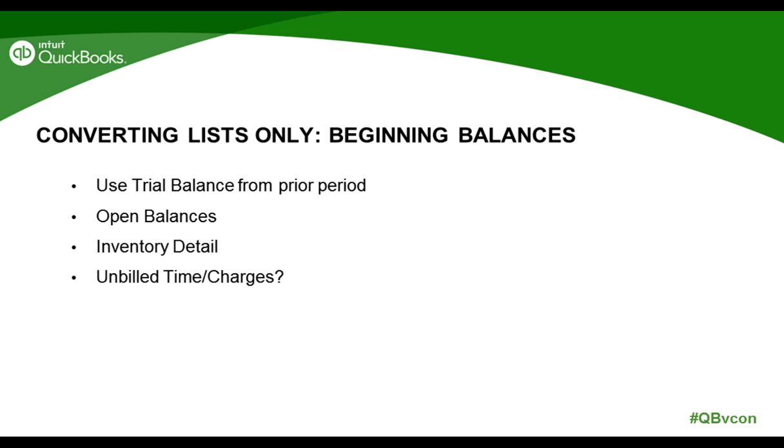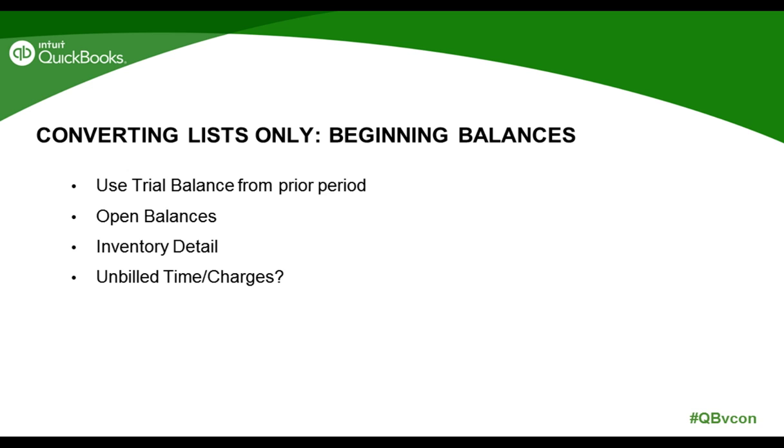Then you want to make sure that you get a list of all of your outstanding transactions. So any deposits in transit, any outstanding uncleared checks, any open AR, any open AP, sales tax, payroll, any of those liabilities that are payable. And then you also want to gather any of your inventory detail: quantity on hand, sales price, taxable status, and cost.